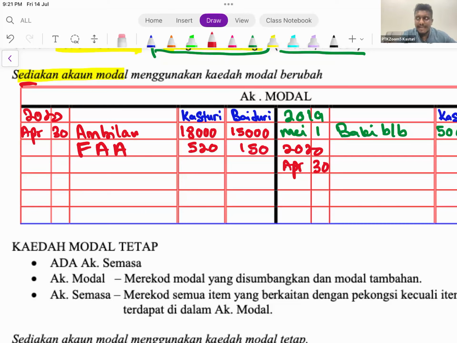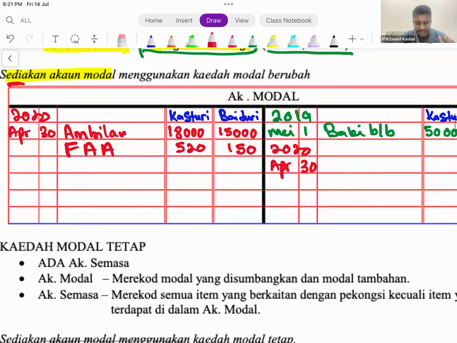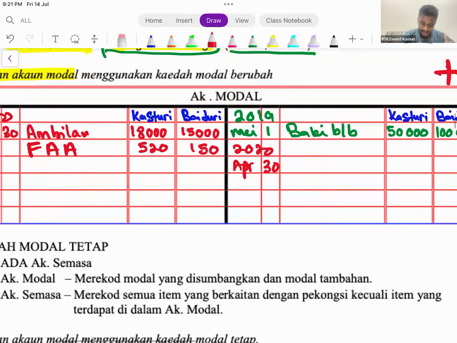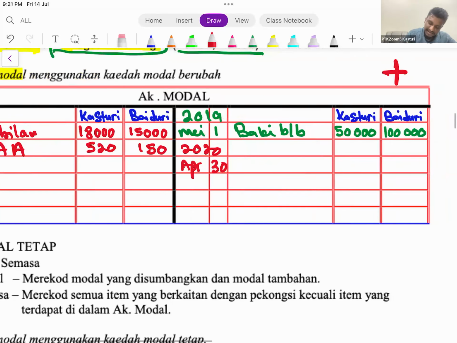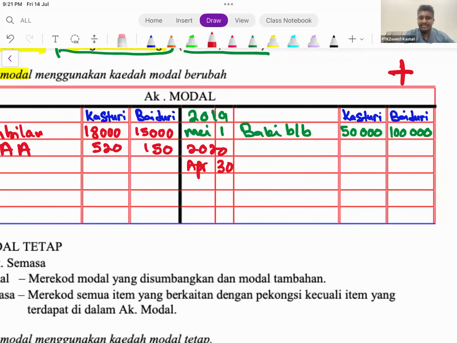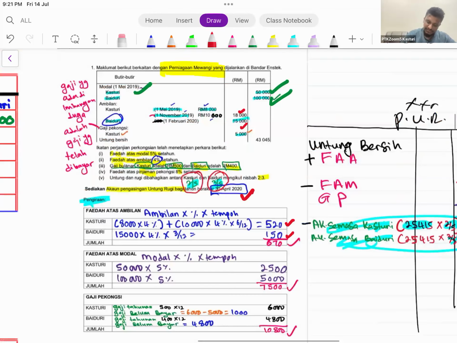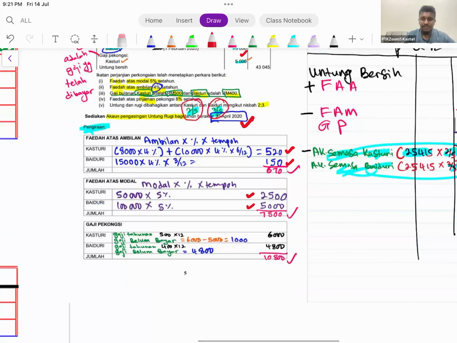Lepas tu kita ada tak apa-apa lagi? Ambilan dah, faedah atas ambilan dah. Lagi satu faedah atas modal. But faedah atas modal will be against the faedah atas ambilan actually. So this will be faedah atas modal will be credit side. Sebab dia menambahkan the modal. How much the faedah atas modal? We calculated just now. 2,500 and 5,000.